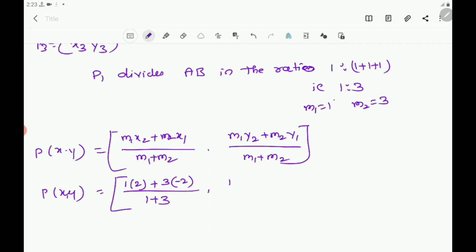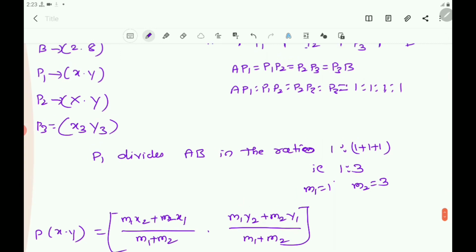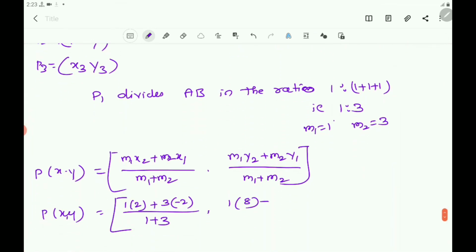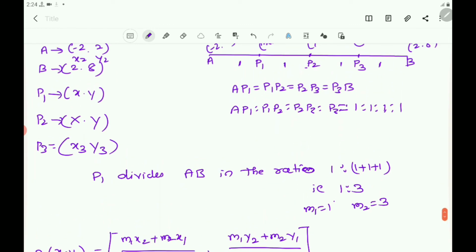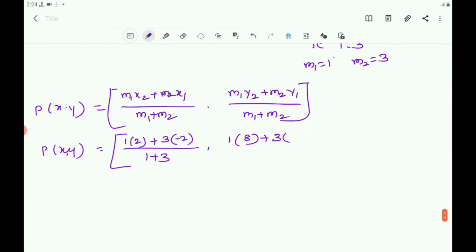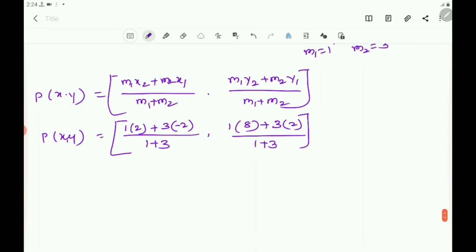Then m1 is 1, y2 is 8 plus m2 is 3, y1 is 2, divided by 1 plus 3. Here m1 is 1, m2 is 3.